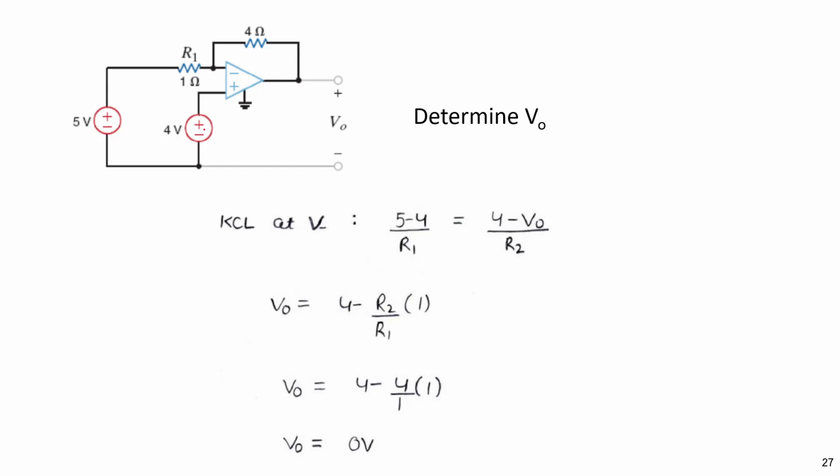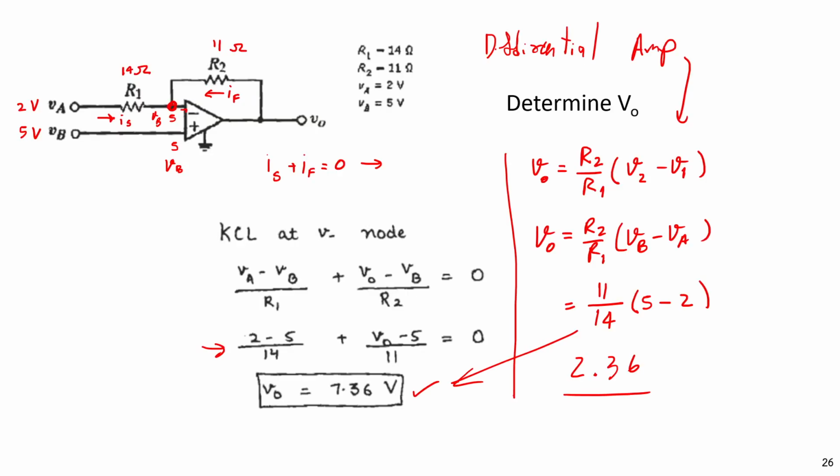This is 4 volt, this is 5 volt. Why? Yeah, maybe because of the gain. It should not be 0.